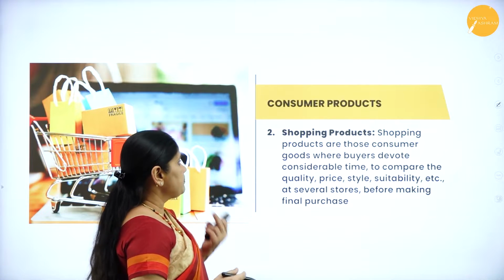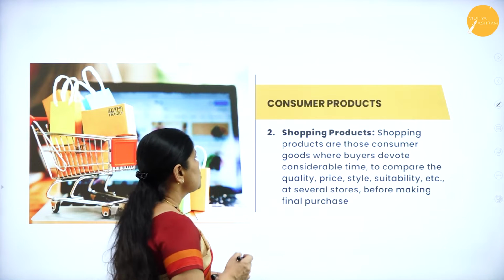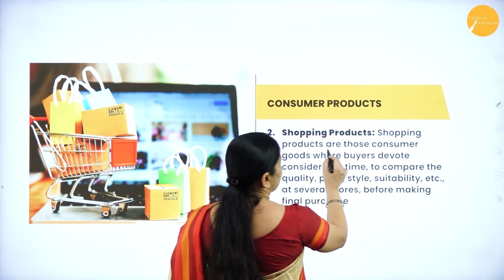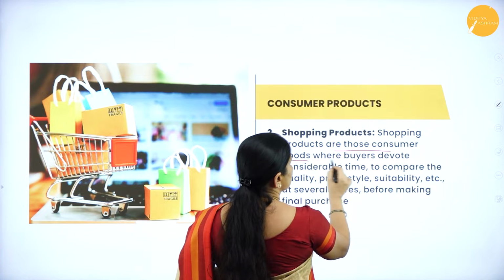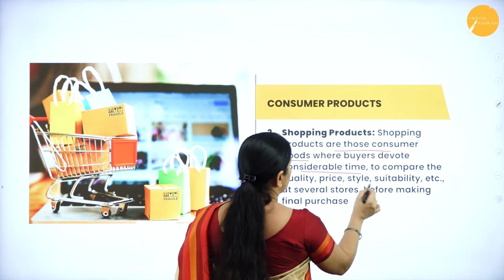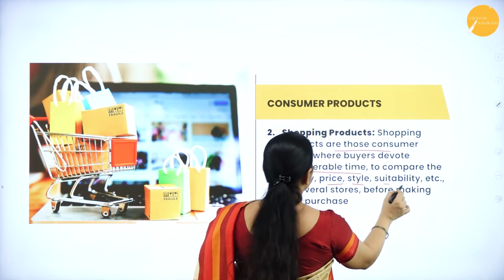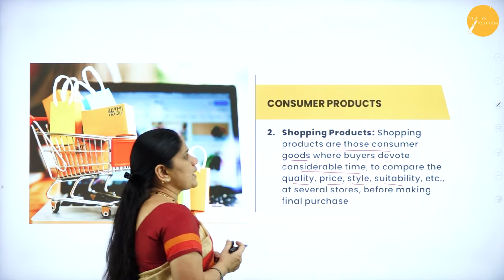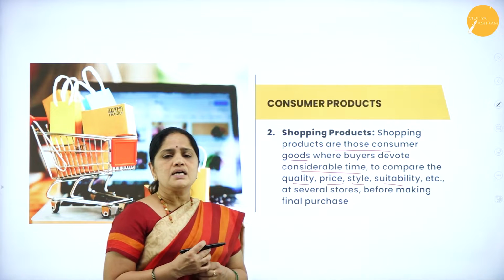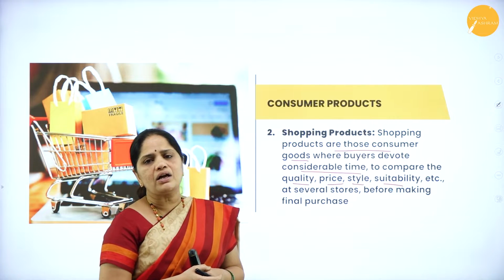Now, the next type of consumer product is the shopping product. These shopping products are those consumer goods where buyers devote considerable time to compare the quality, price, style, suitability, etc. The consumer will be spending a lot of time.